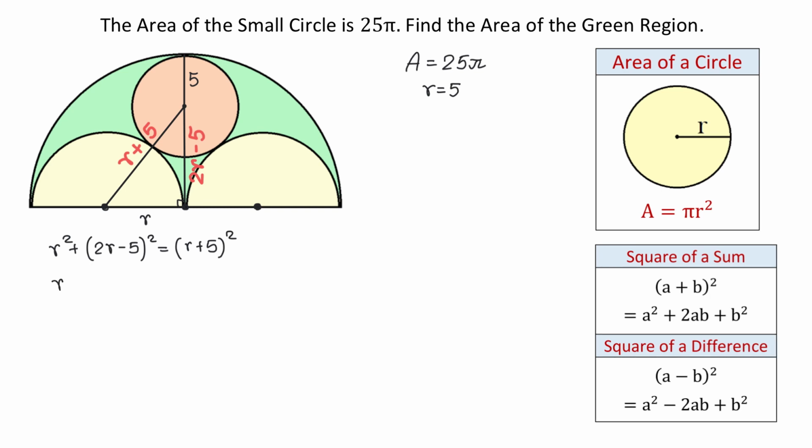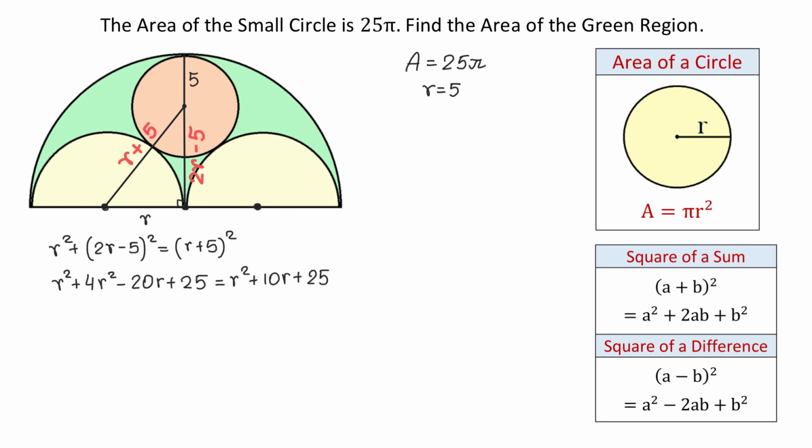Then we will have r squared, then (2r) squared is 4r squared, minus 2 times 2r times 5 is minus 20r, and then 5 squared is 25. Now on the right side, first we will have r squared, then 2 times r times 5 is 10r, and 5 squared is 25. Keep in mind that we could also use the FOIL instead of these formulas.